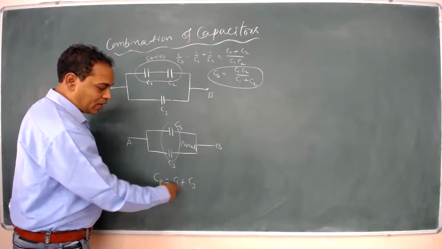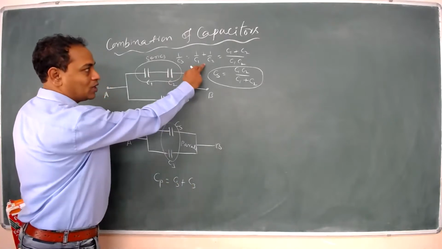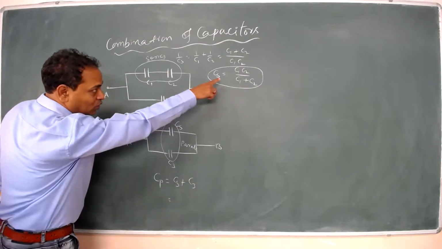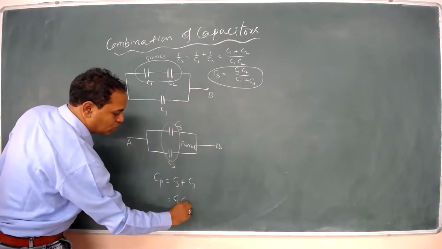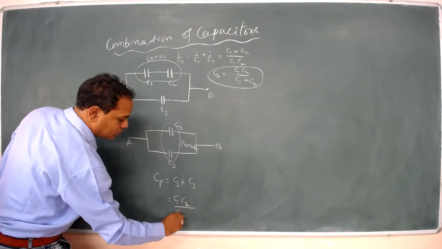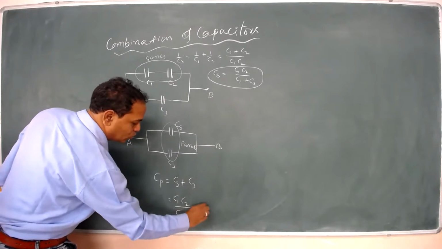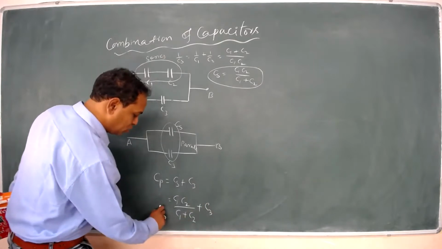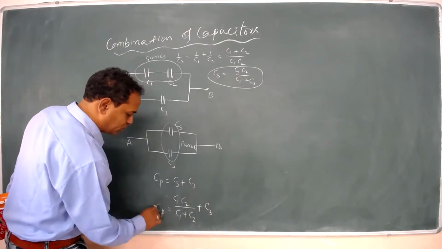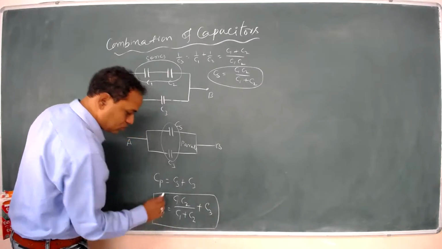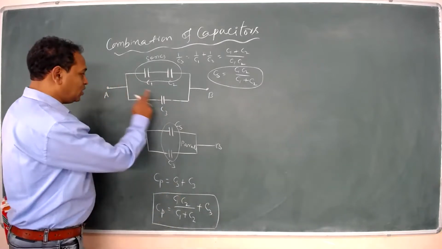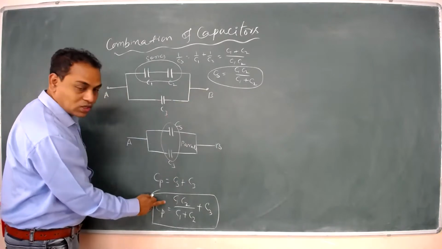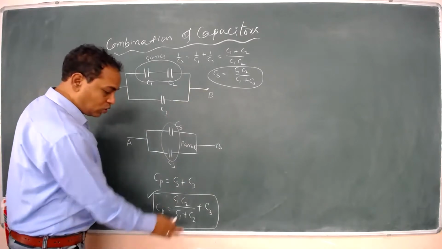For parallel, we add directly; for series, we write the inverse form. So Cs is C1 C2 by C1 plus C2, plus C3. On solving this, we get the value. So finally, the capacitance between A and B is given by this formula. This is how we have to solve.